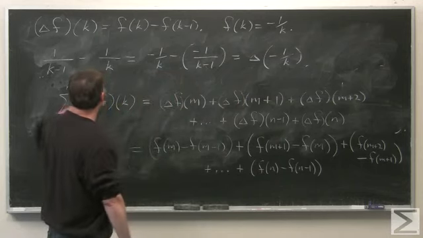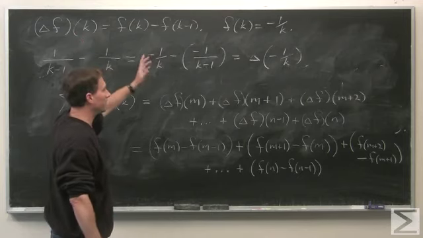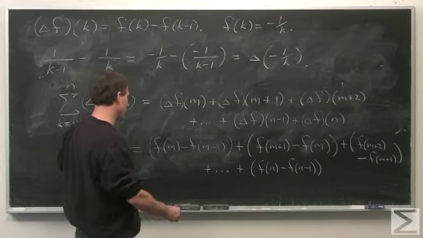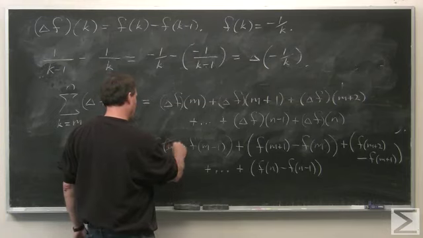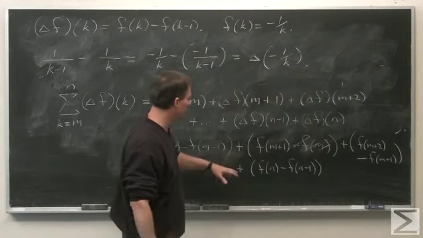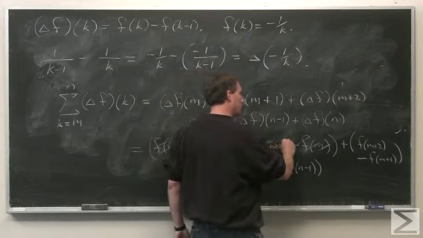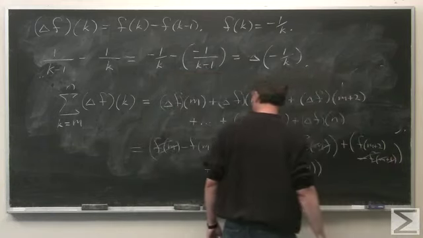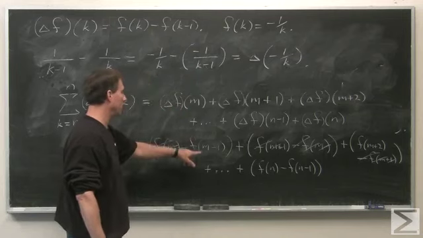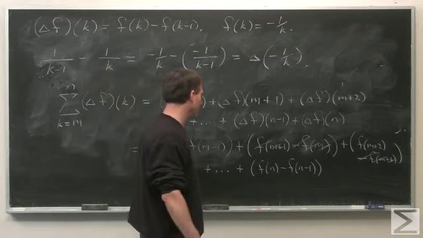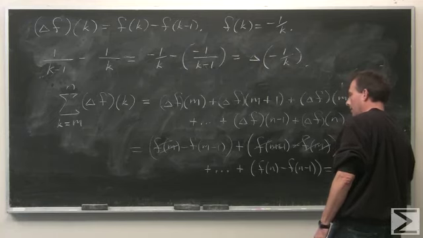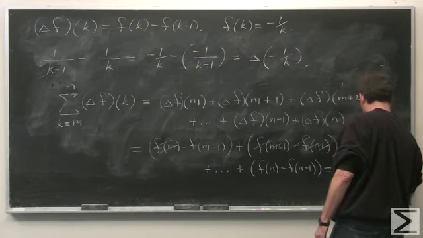Here's f of m. It cancels with minus f of m. Here's f of m plus 1. It cancels with minus f of m plus 1. Things keep canceling in pairs, except this initial minus f of m minus 1 and this final f of n. And so what you'll get is f of n minus f of m minus 1.